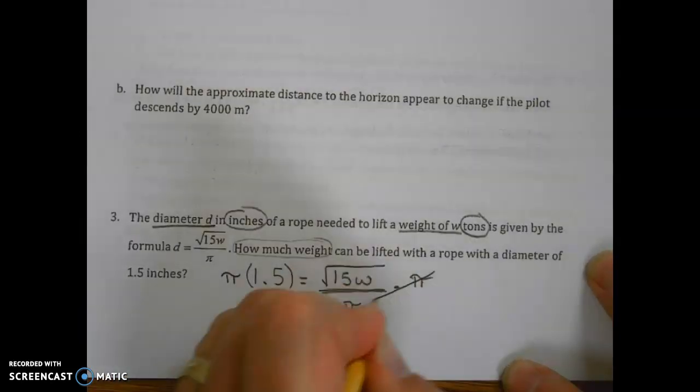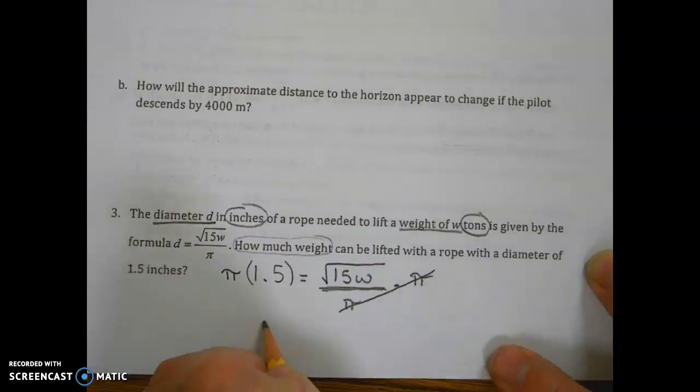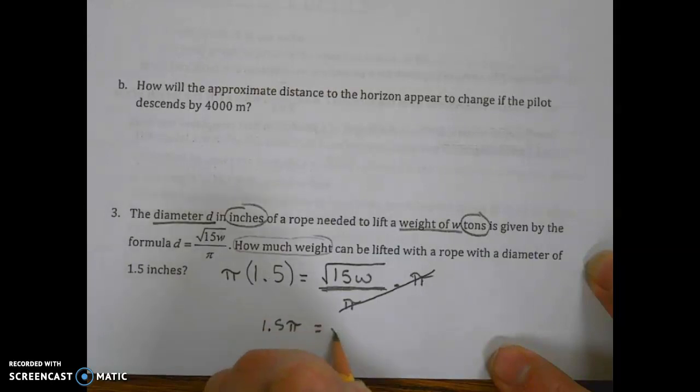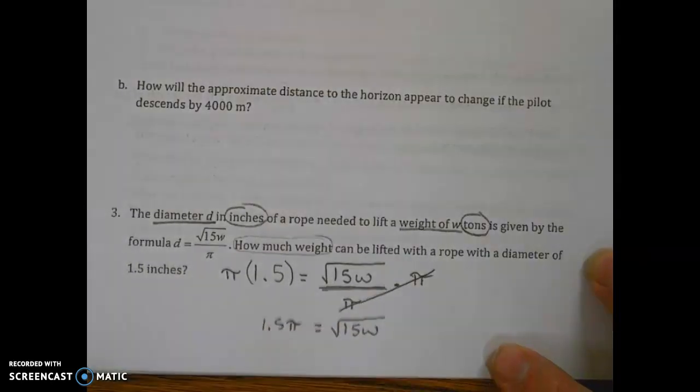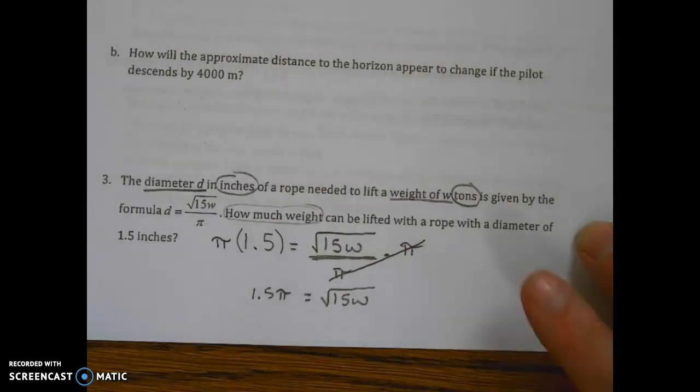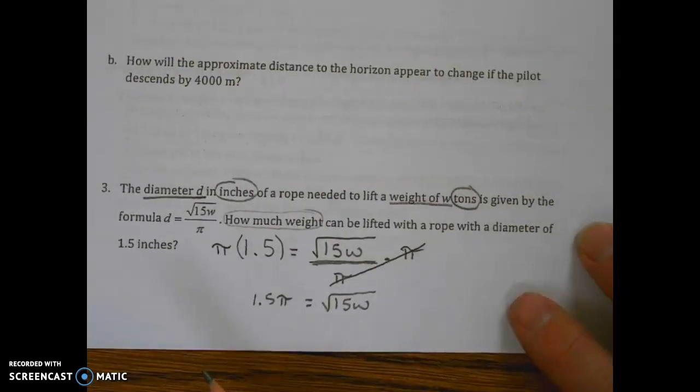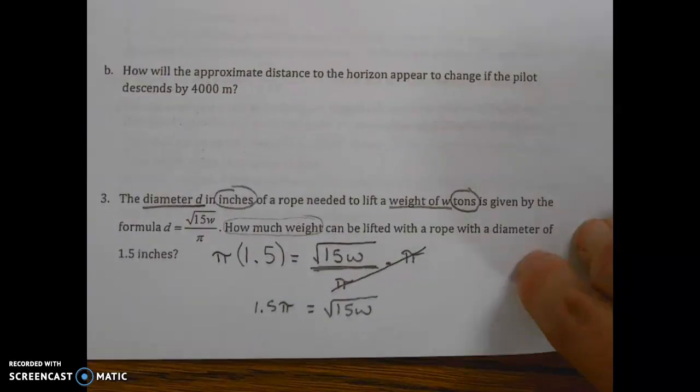So that will cancel out, and we have 1.5 pi equals the square root of 15W. I think you should be able to solve that from there. Don't forget to put your answer in terms of weight and using the correct units.